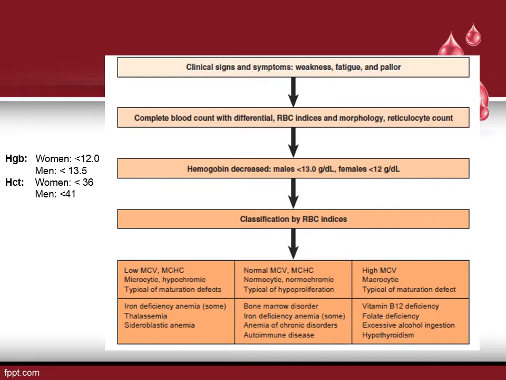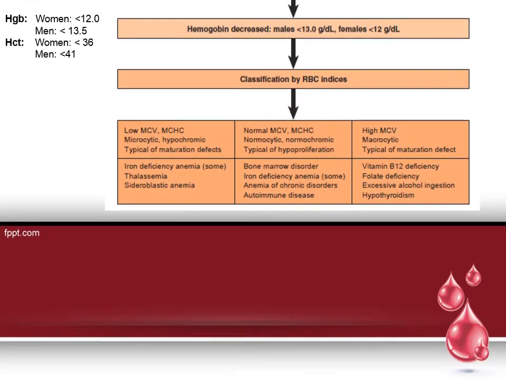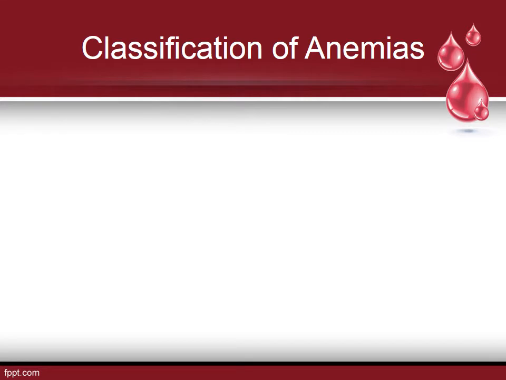Several schemes have been proposed to categorize anemias based on etiology, but none of these classifications is entirely satisfactory because within each classification the various subdivisions are not completely inclusive.